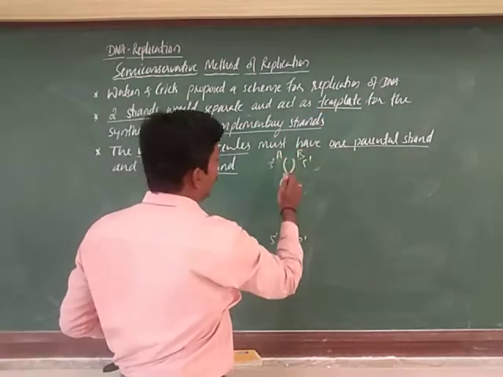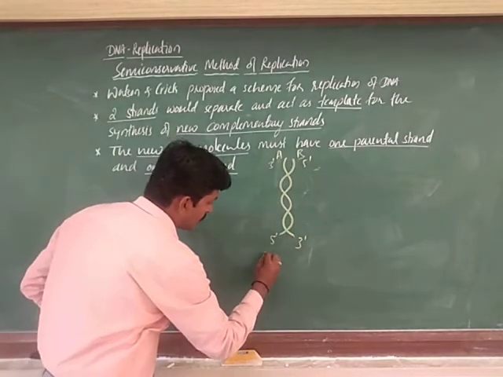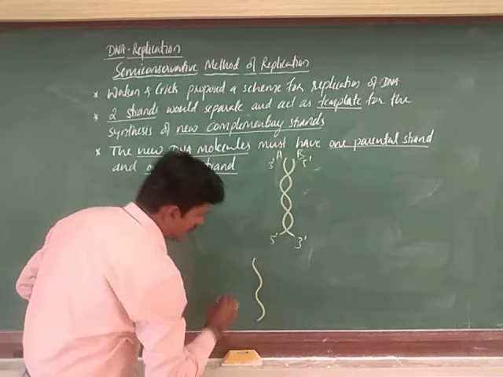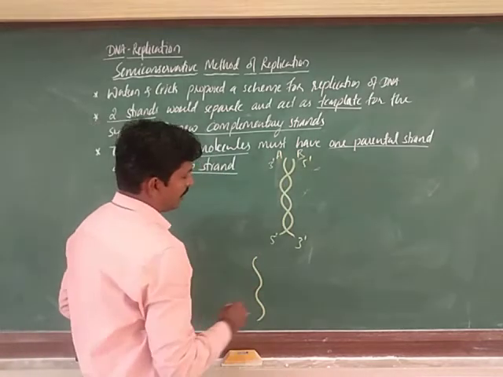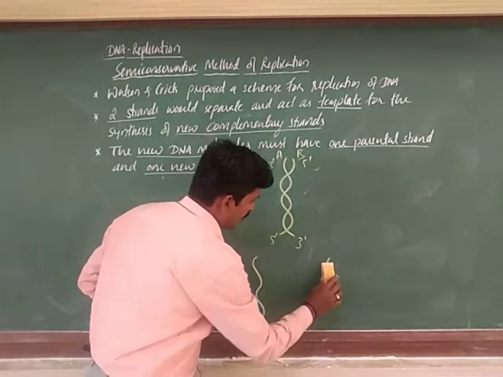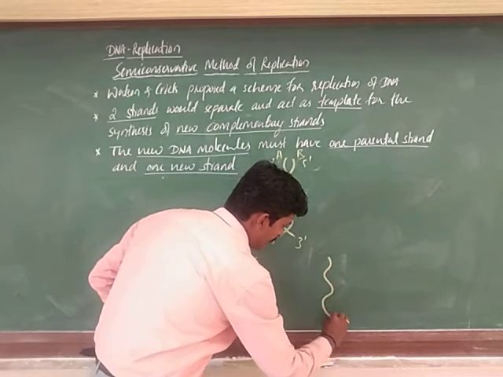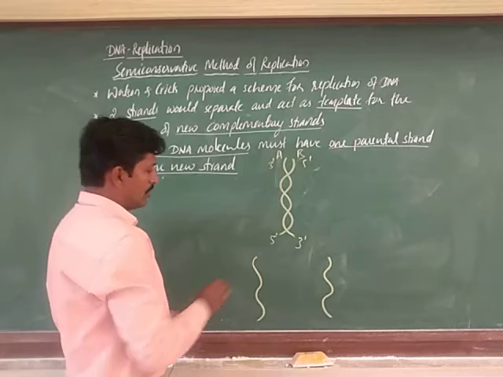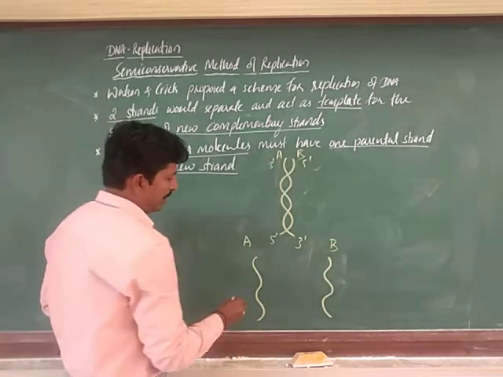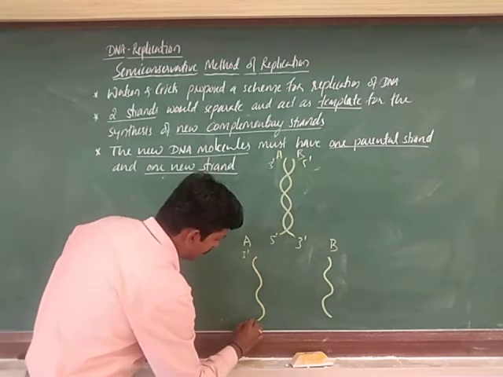Here the templates, as we call them, are what we get when they separate. I will show here, this is one strand and this is another strand. This is considered as the A strand, this is considered as the B strand, and the newly synthesized strand, for example, usually this is the third end, here it is the third end, this is the fifth end.